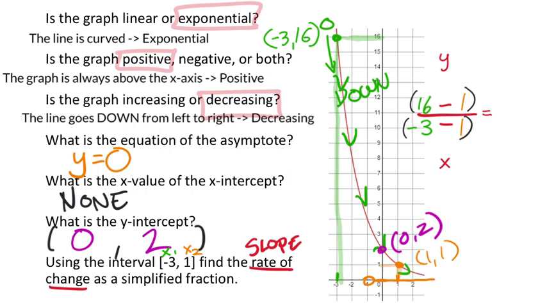So when you put this in the calculator, here's what's going to happen. It's going to give you -3.75. We do not want the decimal. Why don't we want the decimal? Because down here it says, please put this in as a simplified fraction. So what we're going to do in the calculator to change this into a fraction, you're going to push math.